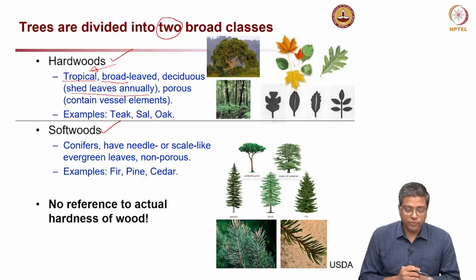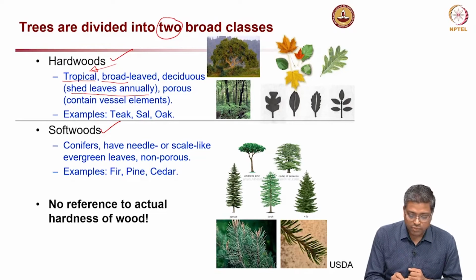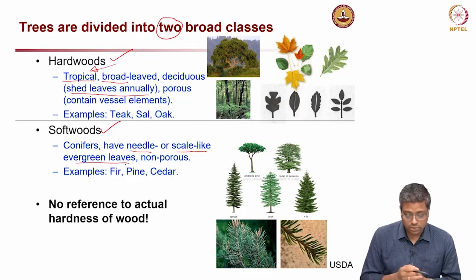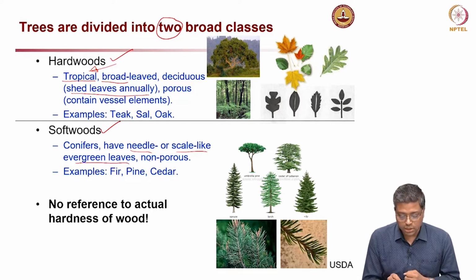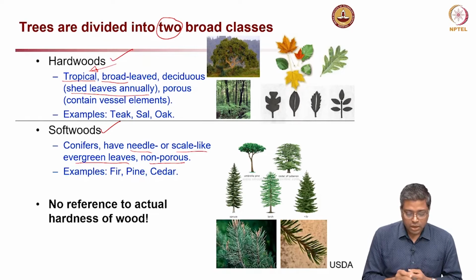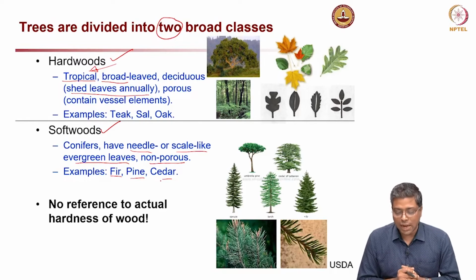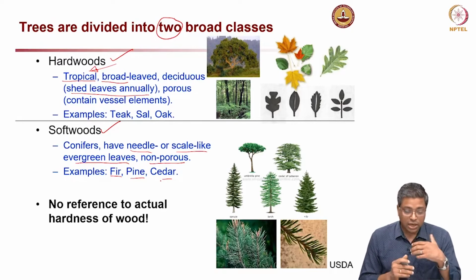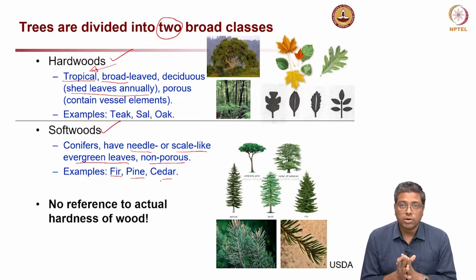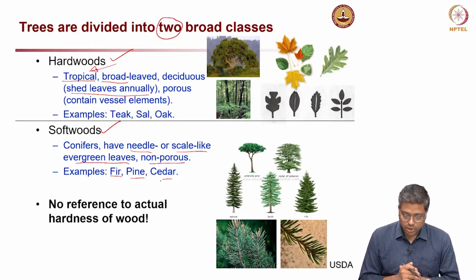Then we have softwood, which are conifers and have needle or scale-like evergreen leaves, non-deciduous, and also non-porous. Examples are fir, pine, cedar, etc. Now just from these two classifications, you can look at what type of geographical location or climatic condition these two types of woods are present in.